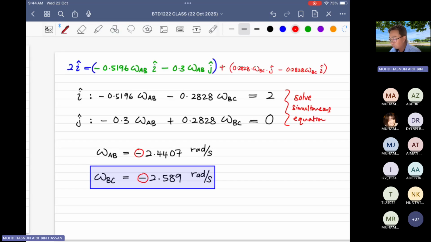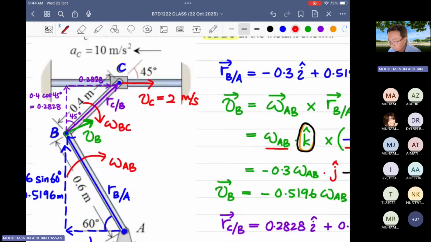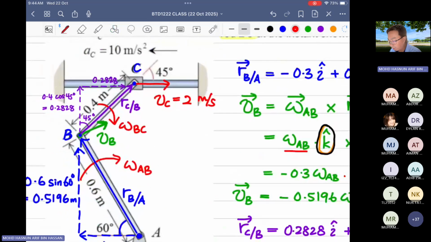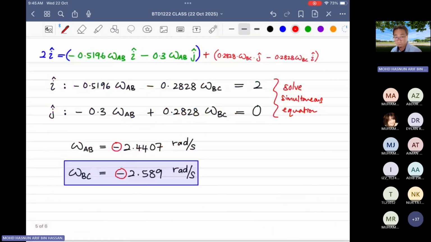Okay, so which means that our earlier prediction, if you look here, we predicted that omega AB is rotating clockwise, which is negative. So the answer is correct. And omega BC is also rotating clockwise, and we also get a negative answer. So both answers should be correct based on our earlier estimation.